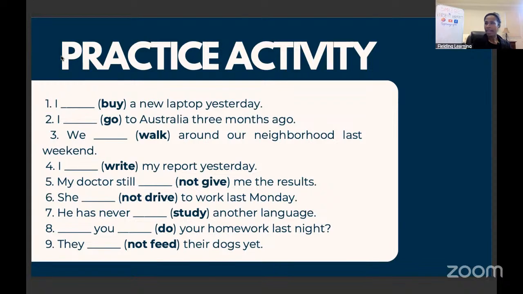And number 8, two blanks in this case: "blank you blank your homework last night?" This is a question, and this one would be just the past tense.